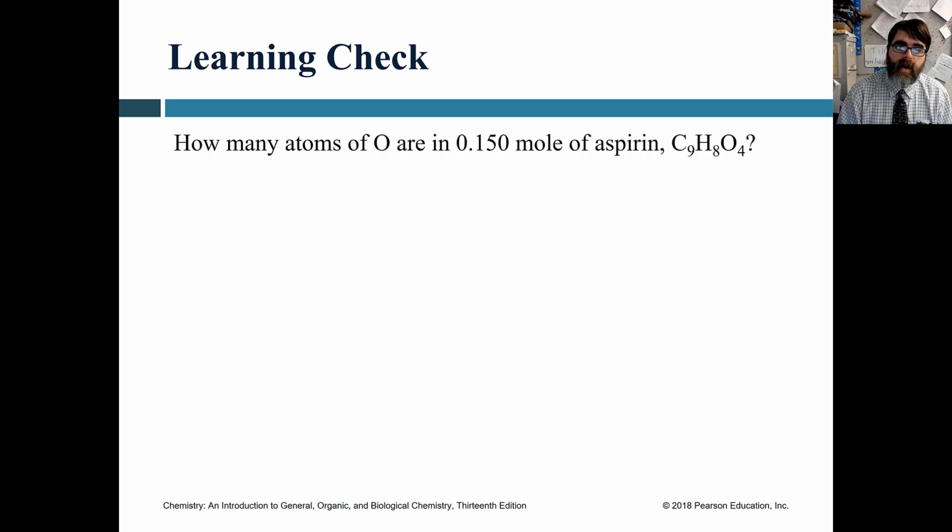So this one here, we have 0.15 moles of aspirin, and we're asked how many atoms of O are in there. So that's just the oxygen. Start with what you're given, 0.15 moles of, I'm not going to use the formula there, I'm going to abbreviate aspirin ASP here.